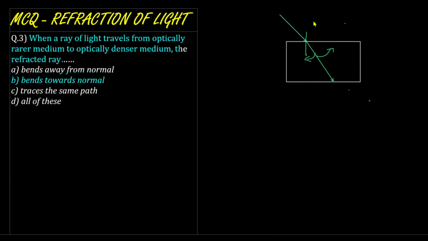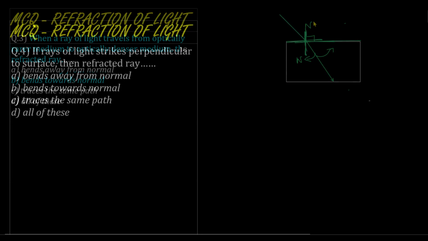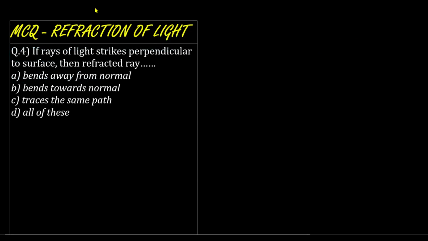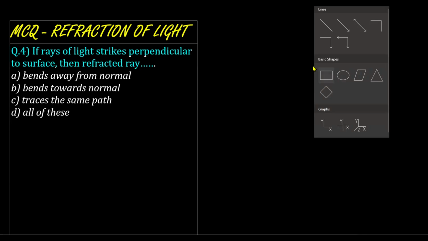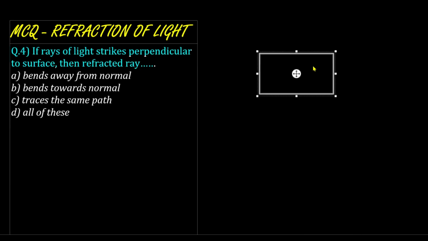Needless to say, the line I made perpendicular to the refracting surface is called normal. Now in the fourth question, it says if the ray of light strikes perpendicular to the surface, the refracted ray. So let's once again make a glass slab. I made a glass slab here, and I'm making a ray strike the surface perpendicular to it.